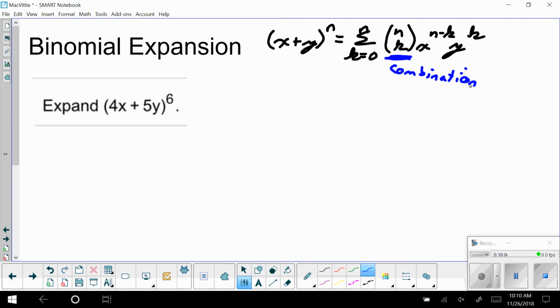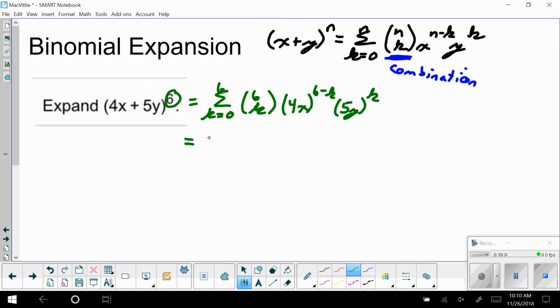So if we were looking at this problem and trying to think of it in terms of this, what this is really saying is that this is the sum, where k goes from 0 to 6, of the combination 6 choose k of 4x to the 6 minus k times 5y to the k.